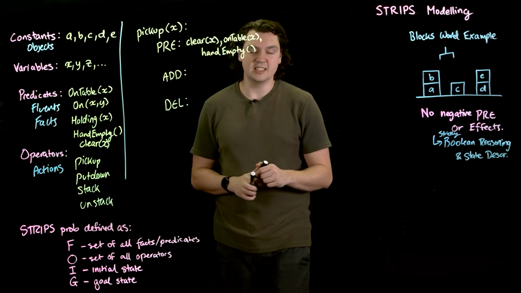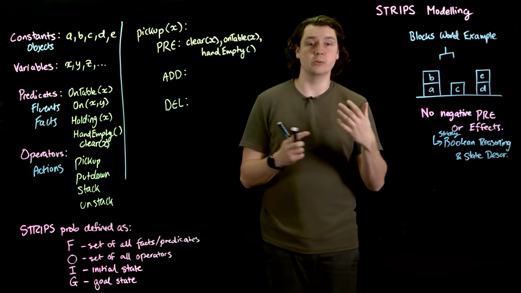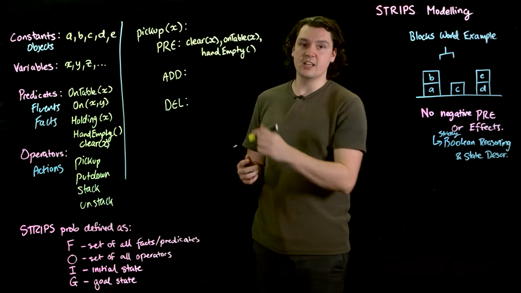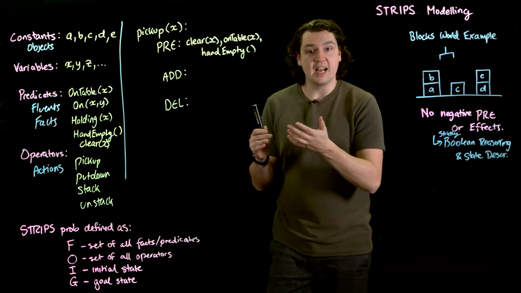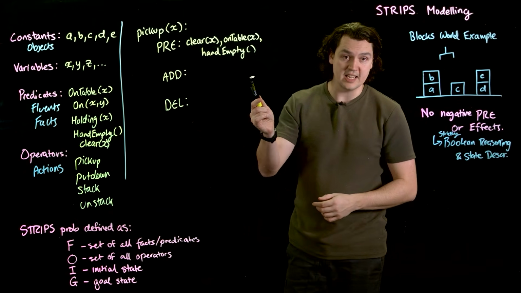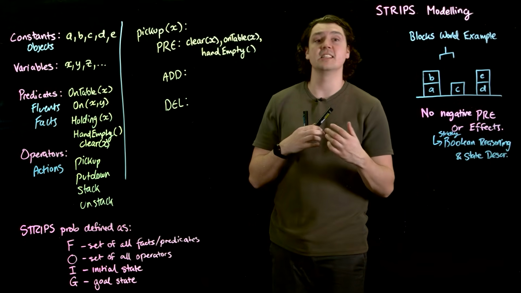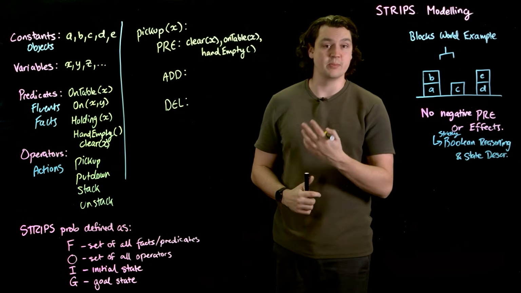So what that means is that our effects in PDDL will be written as effect, and then you can write both positive or negative effects. Here we write them explicitly as facts that we're going to add to the state and facts that we are going to delete from the state, things that we will remove from being true.